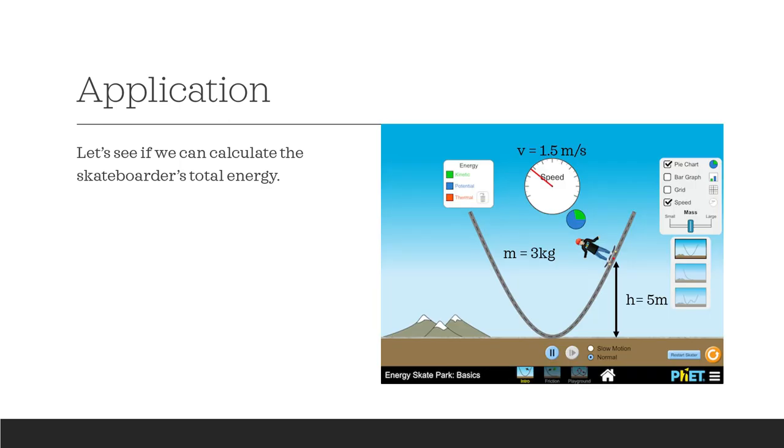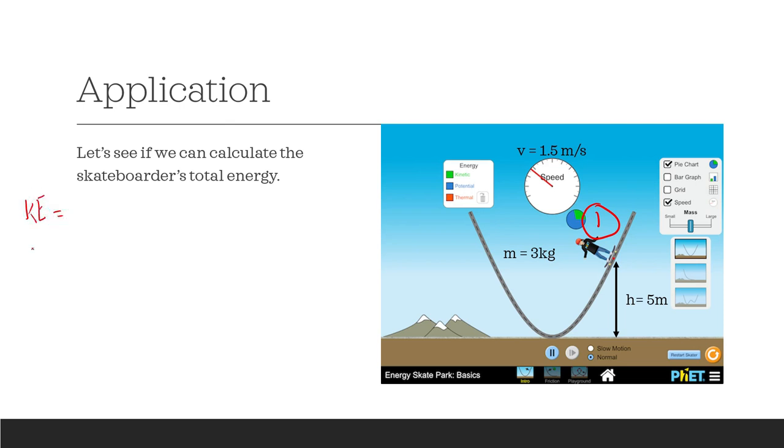So we're going to look at an example of our skateboarder in order to practice these calculations. Right here, I added some numbers to the image, so we've got some numbers we can use for the calculation. The first thing we're going to try to look at is the skateboarder's total energy at this position right here, and we're going to call this position 1. Now, he is falling down the ramp and he has a speed, so we know that he has a kinetic energy.